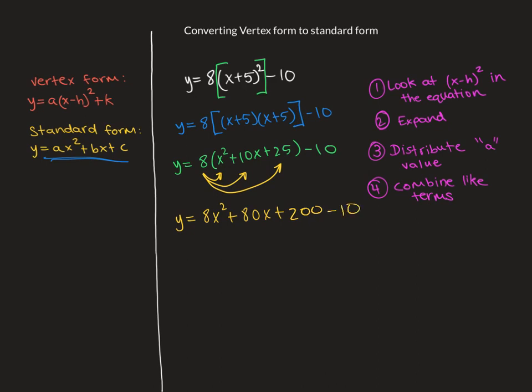And then we can just combine like terms. So our new equation would be y is equal to 8x squared plus 80x plus 190. And this is in standard form. So we know that we have got to our final answer.